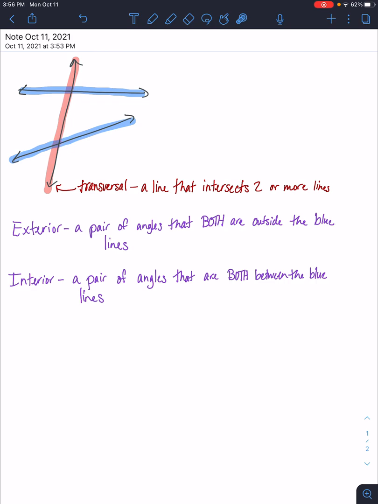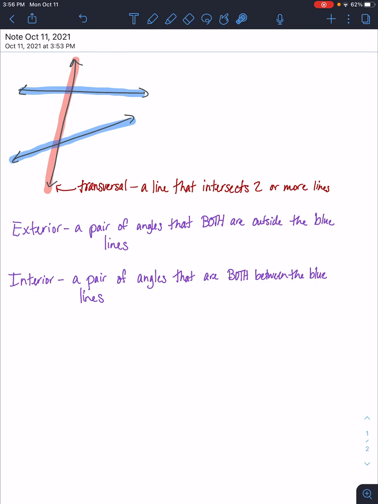So that's why I call them the blue lines or the non-transversal lines. So interior angles would be between these blue lines. So for example, this and that could be an interior angle pair. This and this and that, this one and that one, and finally this one and that other one. So there are 6 interior angle pairs as well.